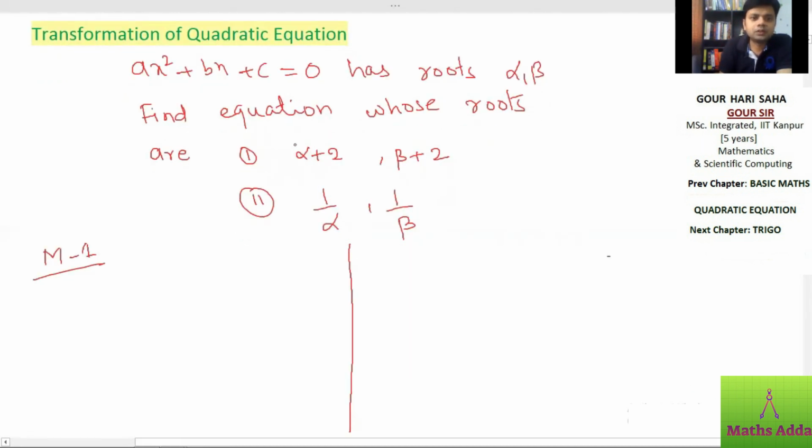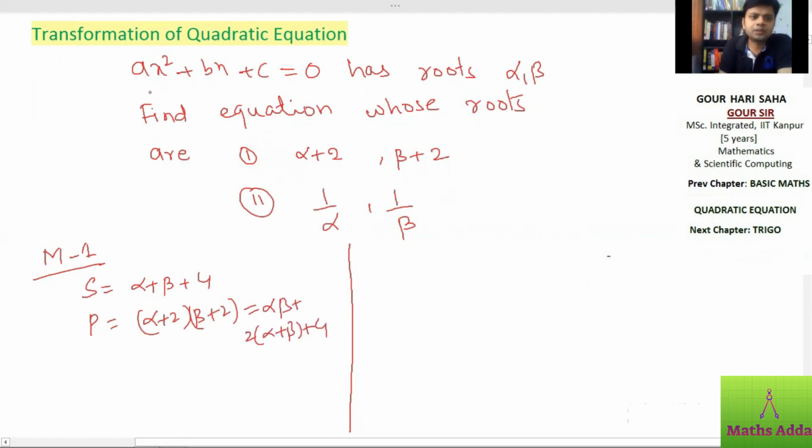Method 1. If I know the roots alpha plus 2 and beta plus 2, the sum will be alpha plus beta plus 4, right? And the product will be alpha plus 2 into beta plus 2, which is alpha beta plus 2 times alpha plus beta plus 4, right?